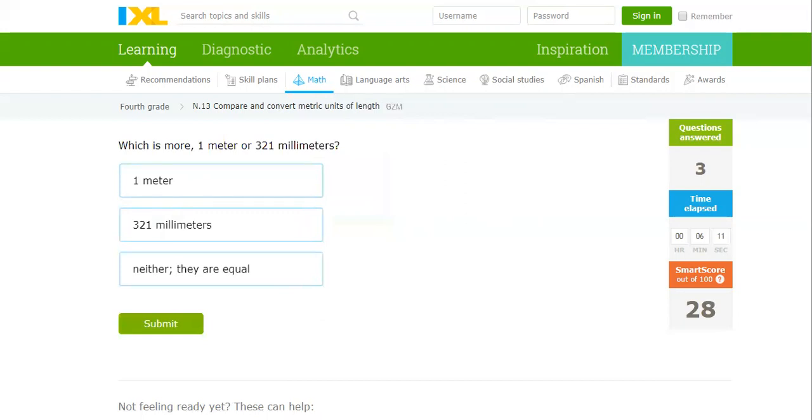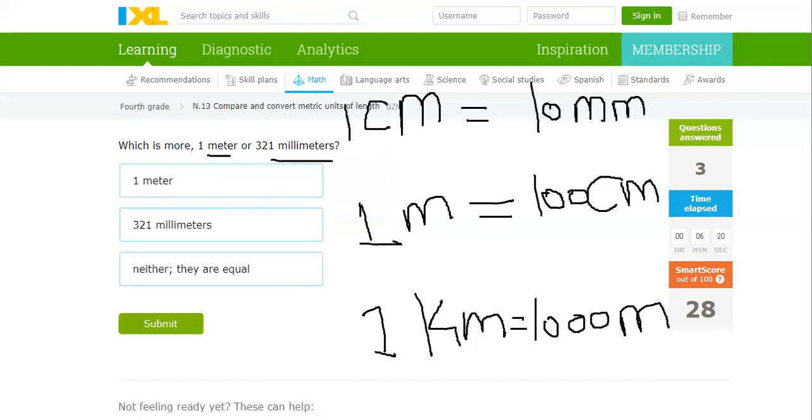Okay, which is more, 1 meter or 321 millimeters? Again, begin with the end in mind. What do I know about the meter and the millimeter?